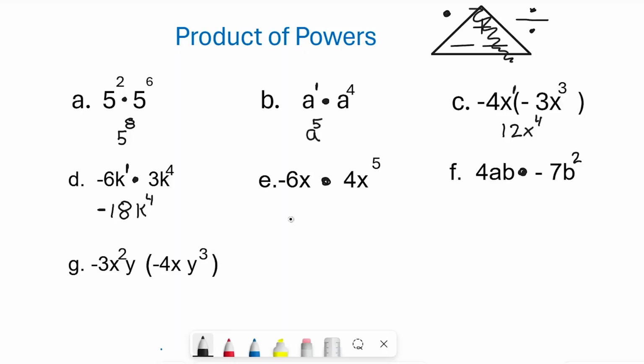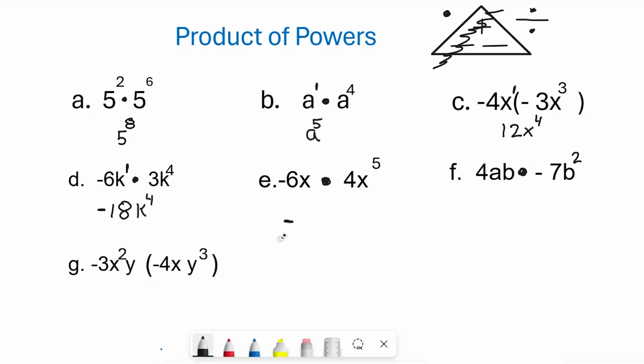The next one is e. Same thing. This is multiplication, and what we're going to do is multiply a negative times a positive. We still have to multiply the two signs, so the positive and the negative, and that tells you that the answer should be negative.